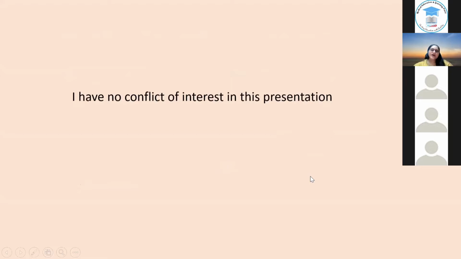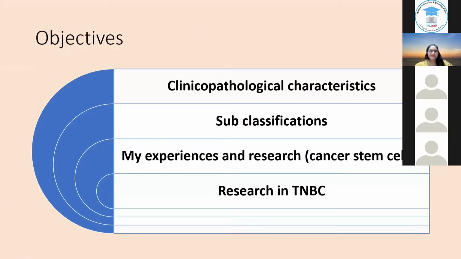Yeah, so I have no conflict of interest in this presentation. And in this presentation for the next few minutes, I would be talking about these 4 things basically in triple negative breast cancers. That is clinico-pathological characteristics of TNBC, the subclassification, histomorphological as well as molecular classification, a few words about that.